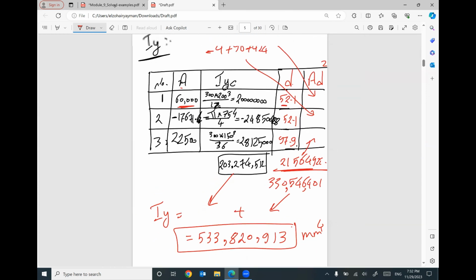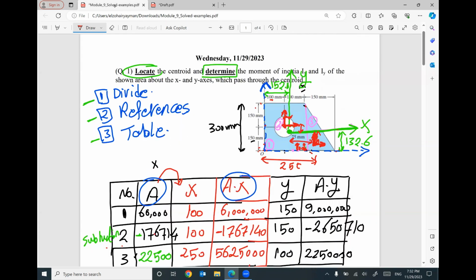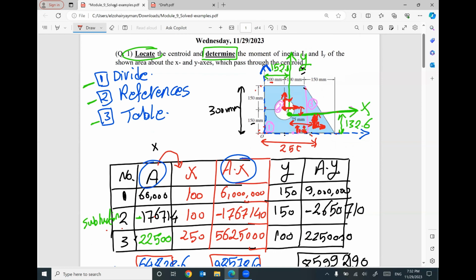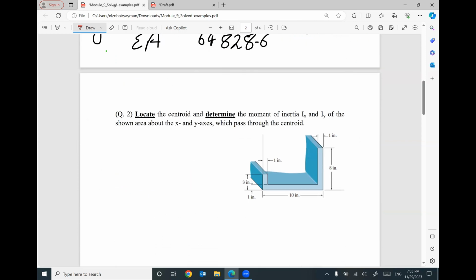This is the value for Iy, this is the value for Ix, and this is the centroid of the given cross section. That makes sense?